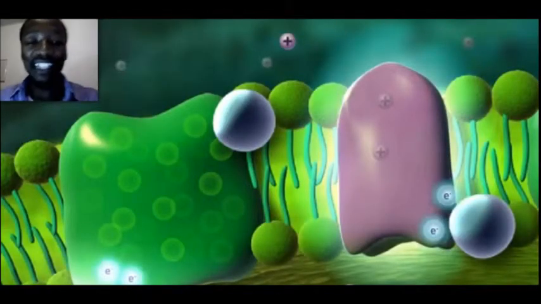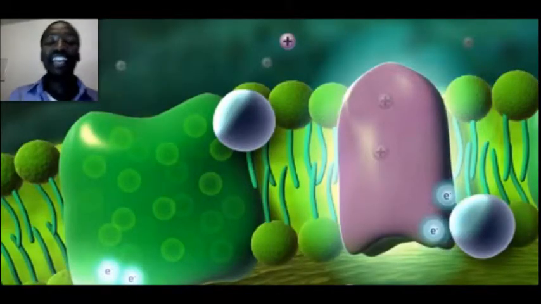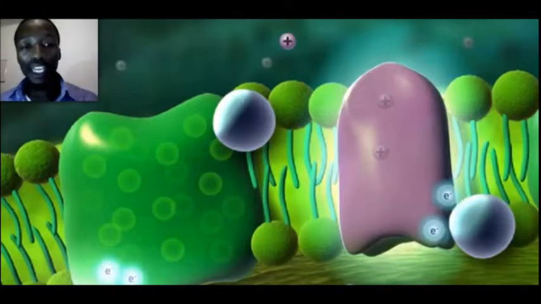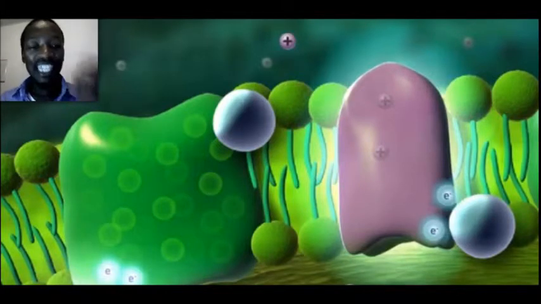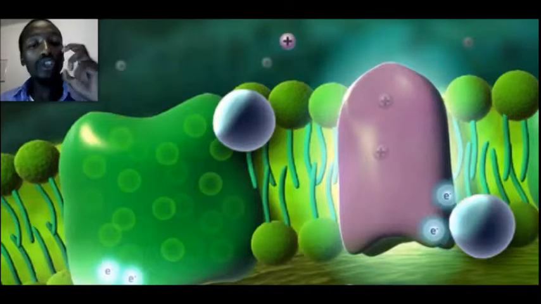Now when they get into the next site, that next site is also part of the chain. This site, this b6f, actually uses some of the energy from the electrons to pass through the ions.